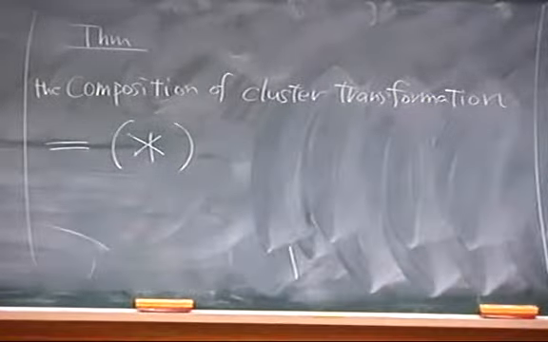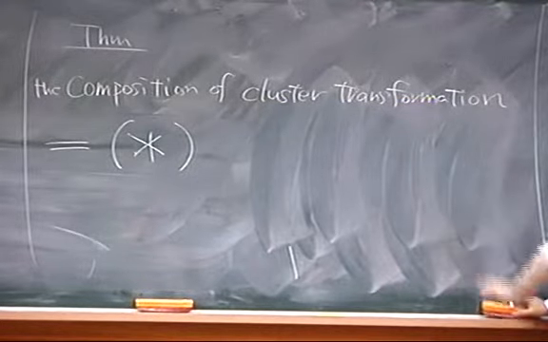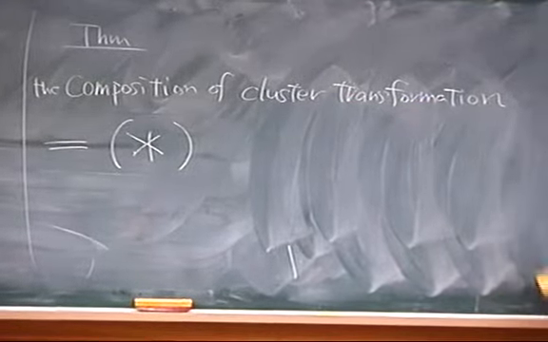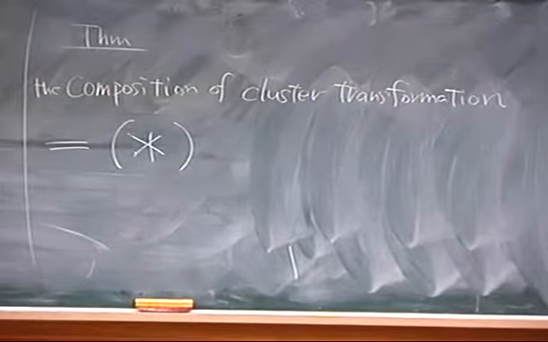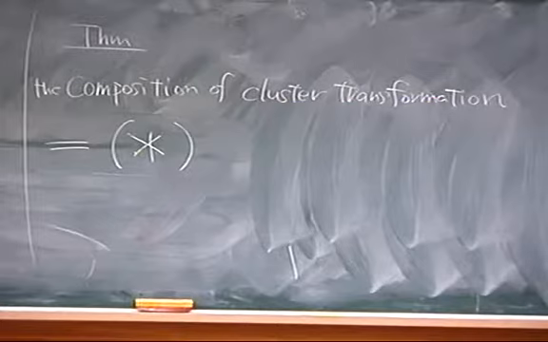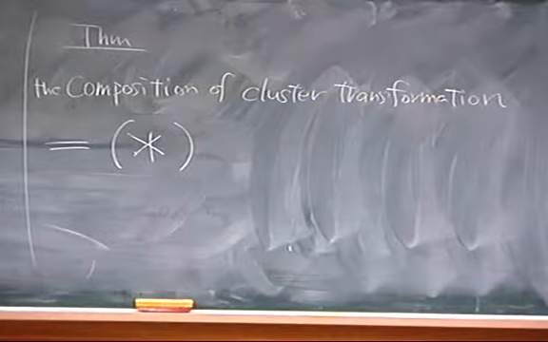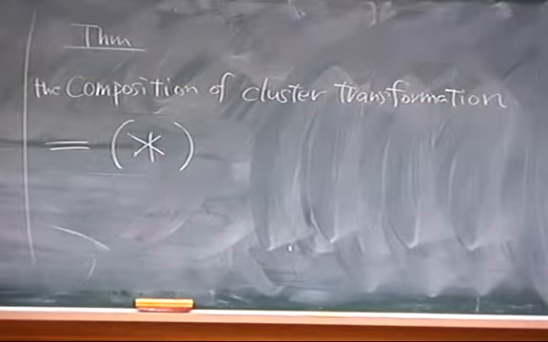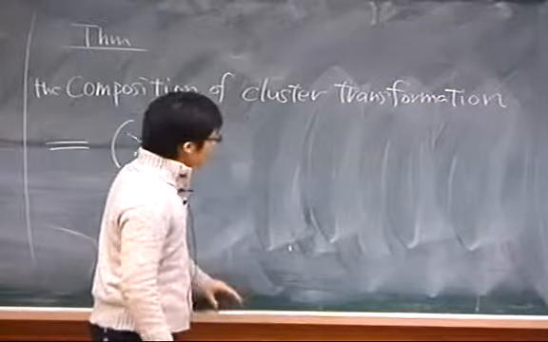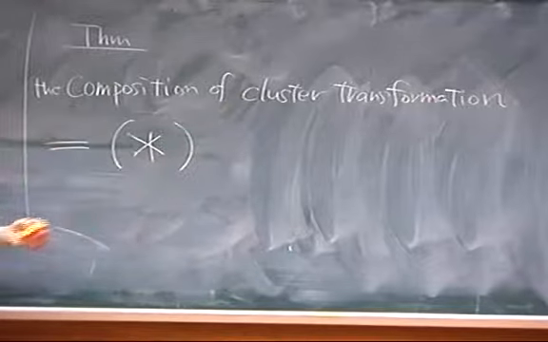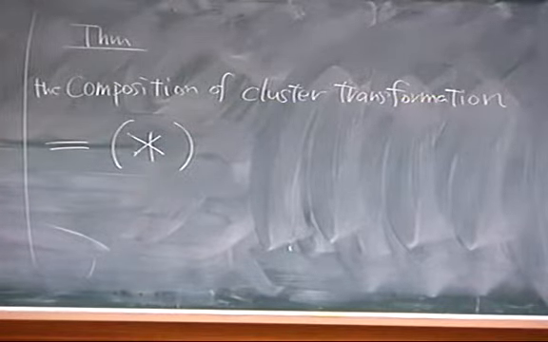And actually, cluster transformation was introduced by Fomin and Zelevinsky in their study of canonical bases of quantum groups. After that, cluster transformation appears in several very different areas of mathematics.